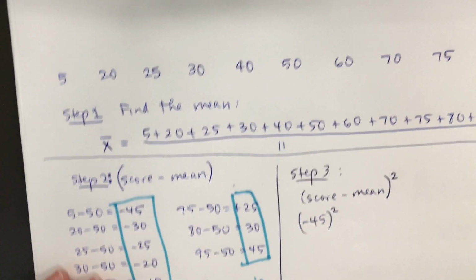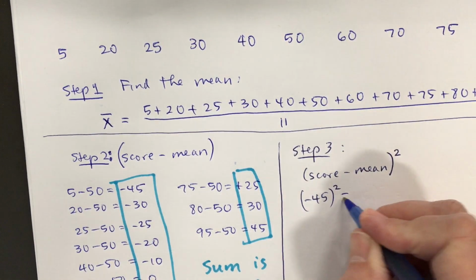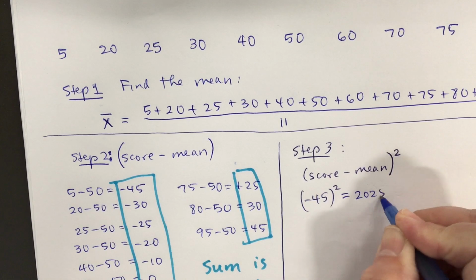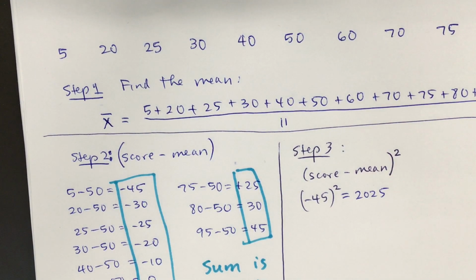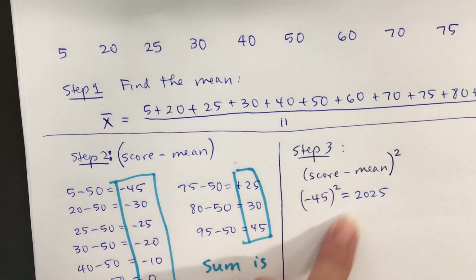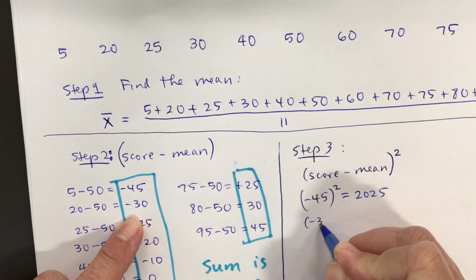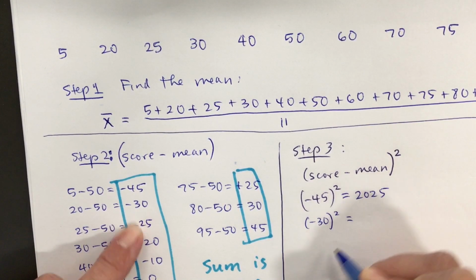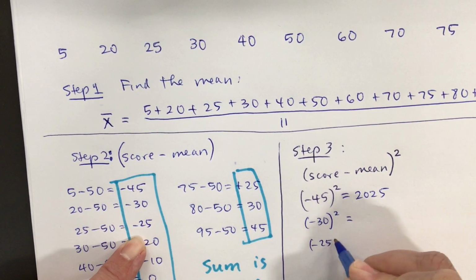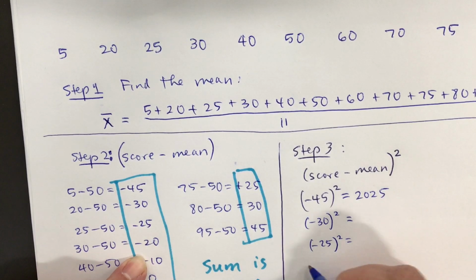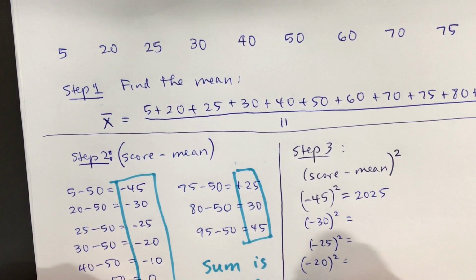I know this is a negative times a negative, and it's going to be positive. 2025. All the numbers you get on step 3 should be positive. So I got negative 45 squared. The next one is negative 30 squared. Then I have negative 25 squared. Negative 20 squared. Negative 10 squared.